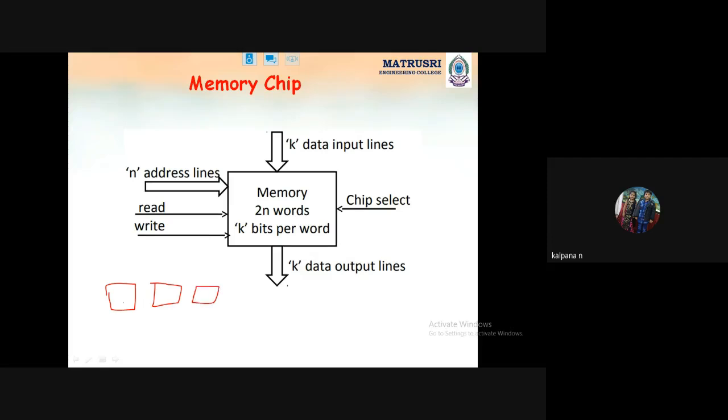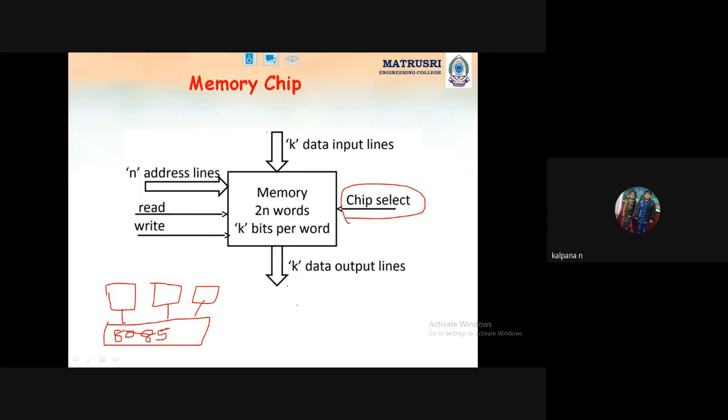These 2 or 3 are interfaced with the processor. First we need to select this chip or this chip or this chip. Which chip we need to select will be based on the chip select signal.